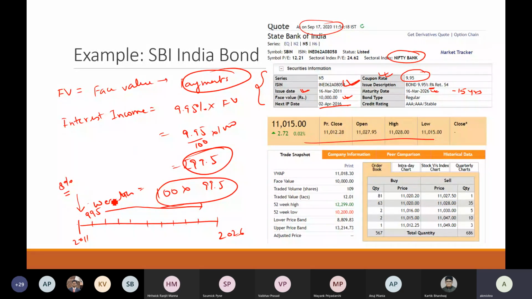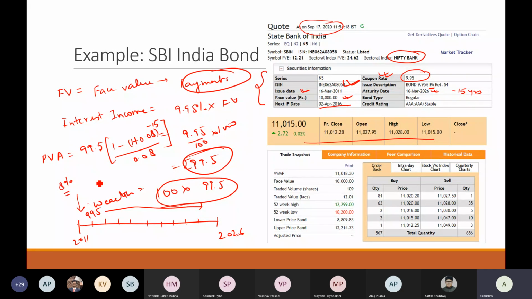So if that is the case, use your present value annuity formula, if you remember. 99.5 is your amount, times 1 minus 1 plus R to the power minus 15, since it is issued for 15 years, divided by R. So basically this is going to be the present value of all the 99.5 rupee that you are going to get.